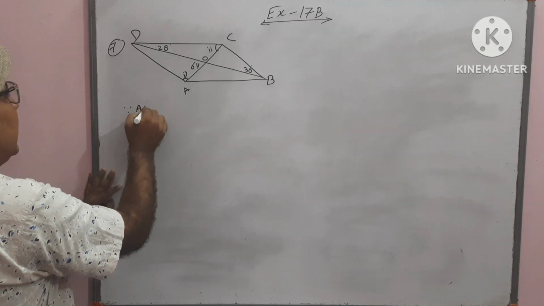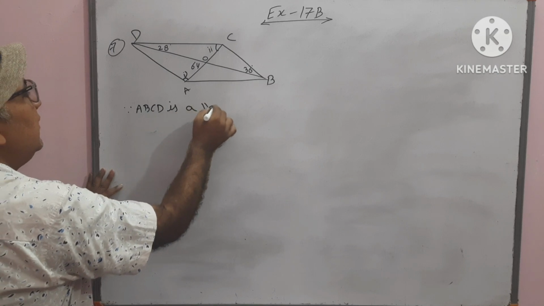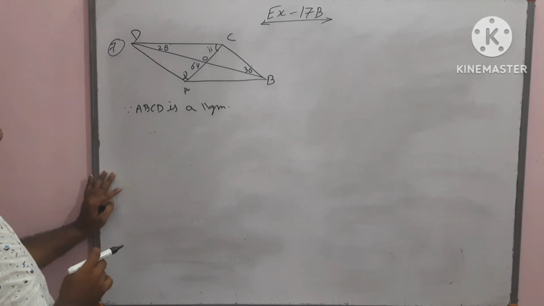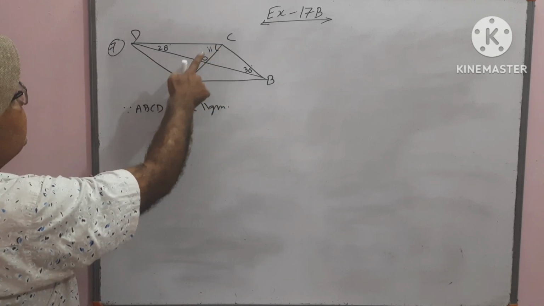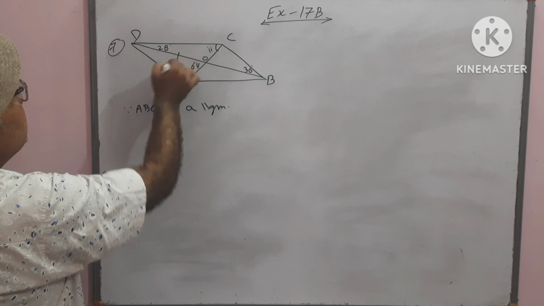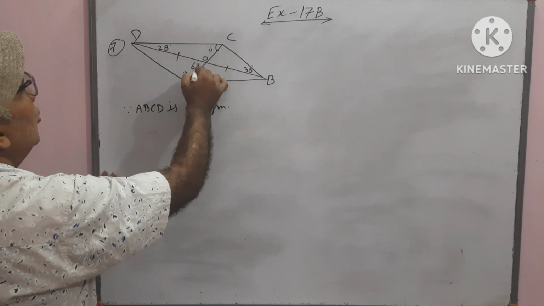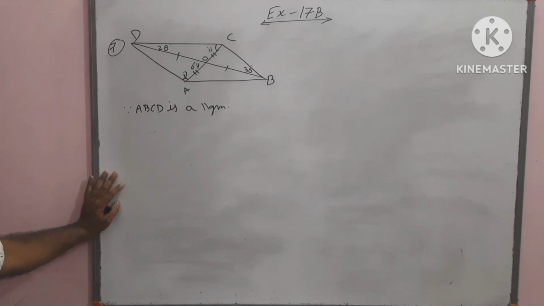It is given that ABCD is a parallelogram. Okay, in a parallelogram, the diagonals bisect each other. That means OD is equal to OB and OA is equal to OC. This point has been given. Now watch.